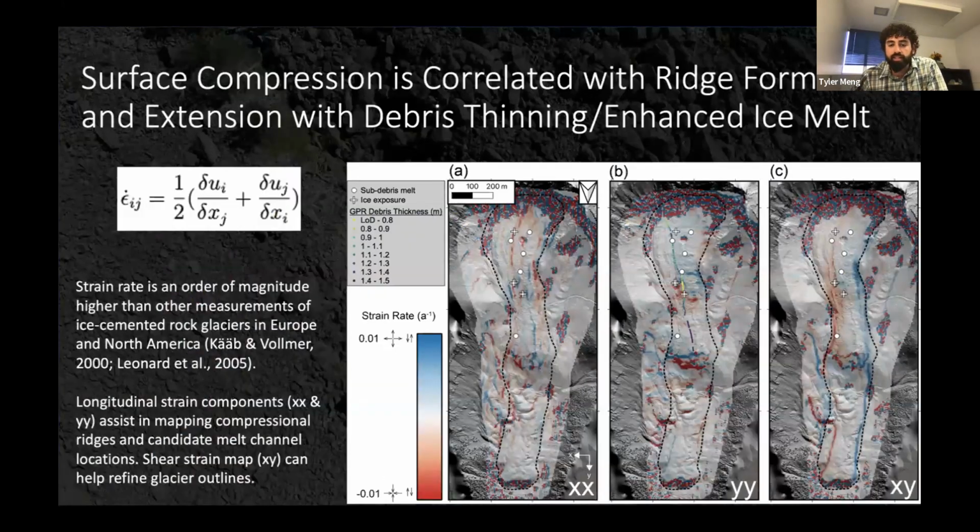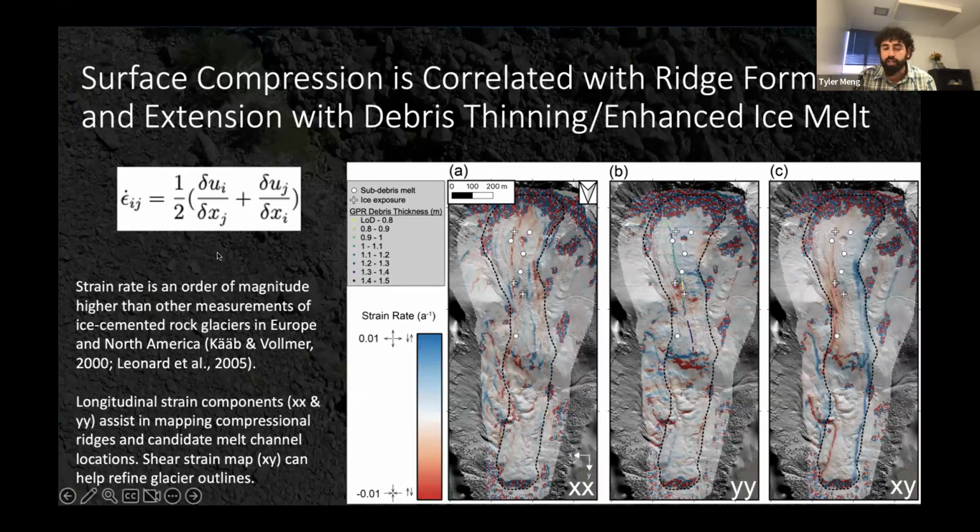Okay, so this is kind of the main result that I wanted to get to and show you all, is that if we calculate the strain rates from our surface velocity data, we can use these strain rate tensor components to make comparisons with the occurrence of different surface features and glacier deformation.